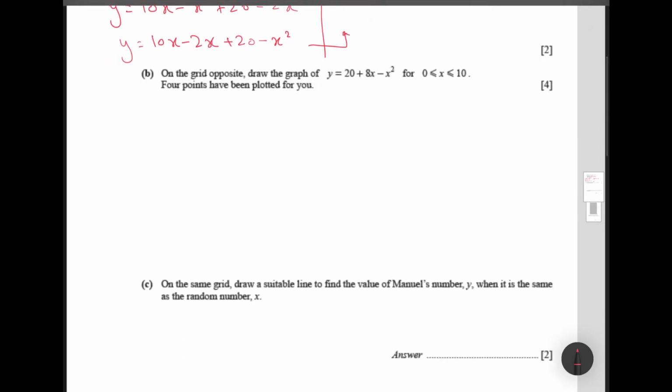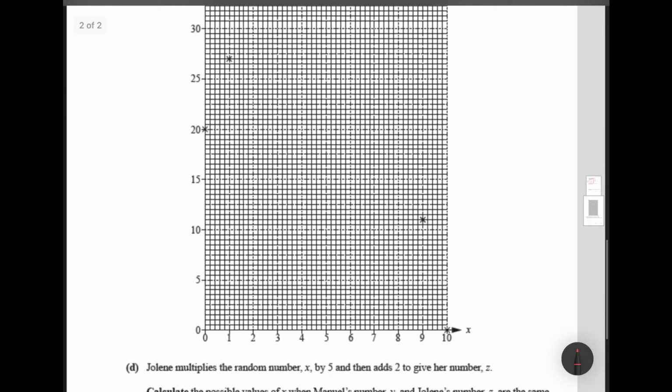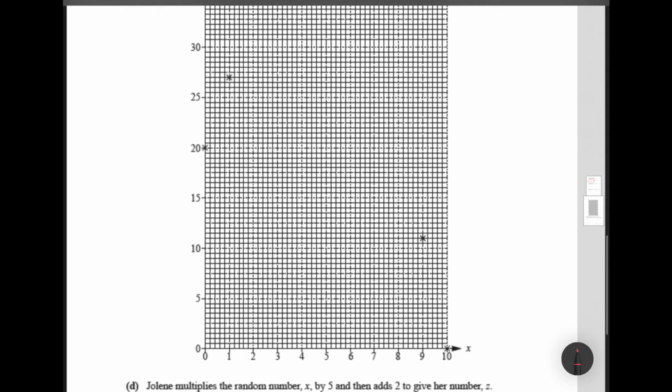The next part says on the grid opposite, draw the graph of y equals 20 plus 8x minus x square for 0 to 10 for the values of x. 4 points have been plotted for you already. So let's have a look at the grid. For the x values 0, 1, 9 and 10, they have already plotted these coordinates.